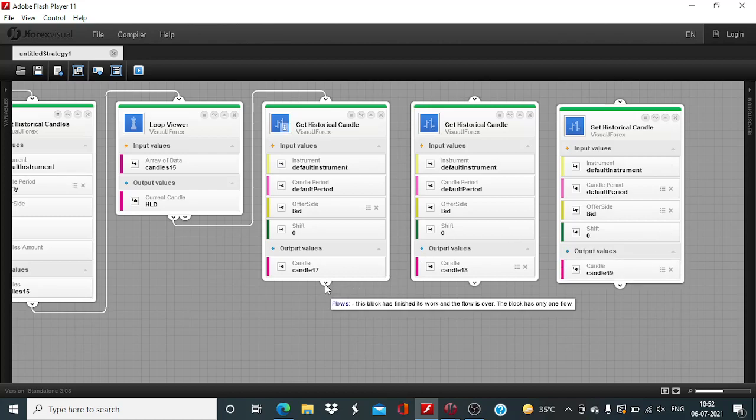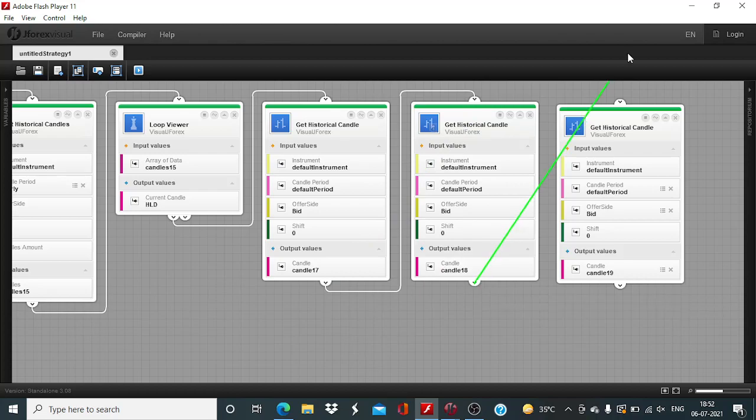First one is going to be of the hourly time period, and these two will be of 10 seconds each. We will be placing the order whenever price starts to rise above the last hour's closing value. So for that purpose, these three get historical candle blocks have been added.